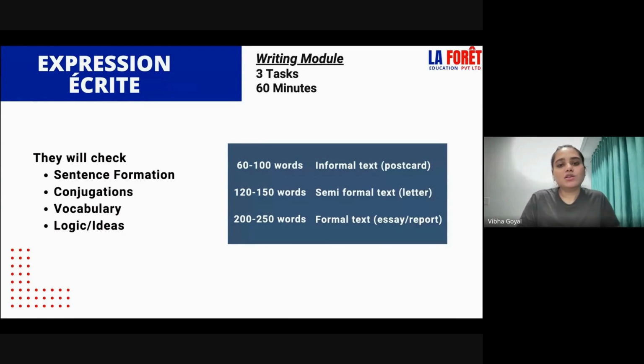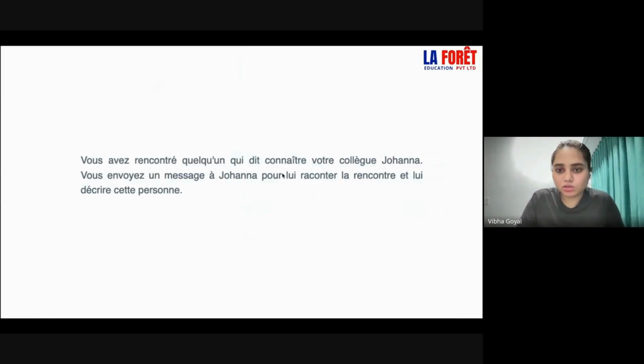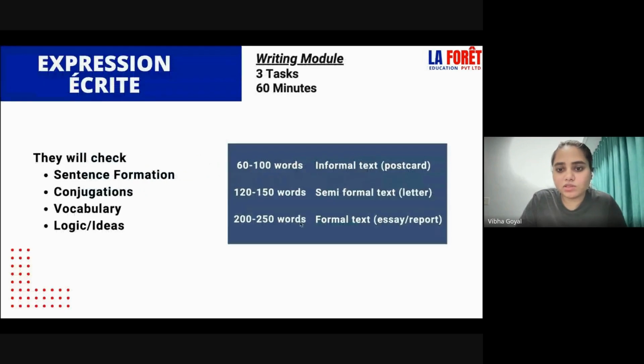So in this, speaking all these things, 120 words is very easy. And for this one, formal text which is essay or report, it is similar to what we have been doing in TEF, similar text. And this is the postcard, meaning inviting your friends or saying no to an invite. Okay, something like that.